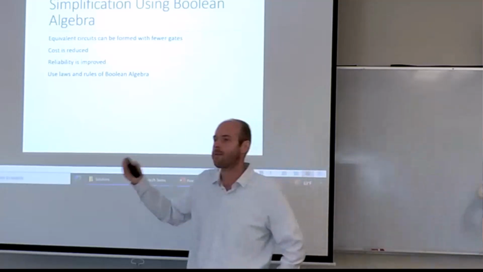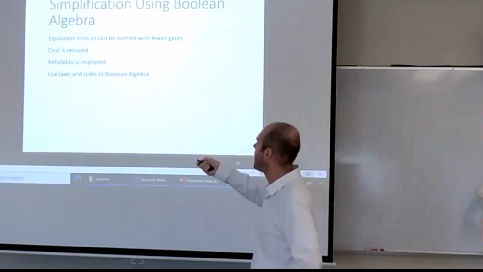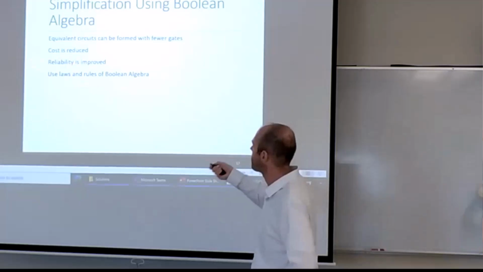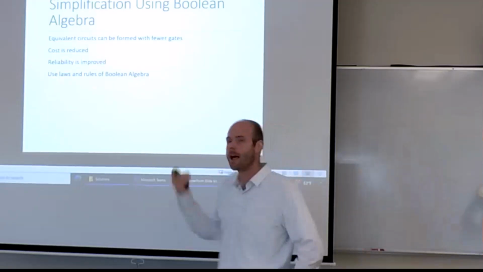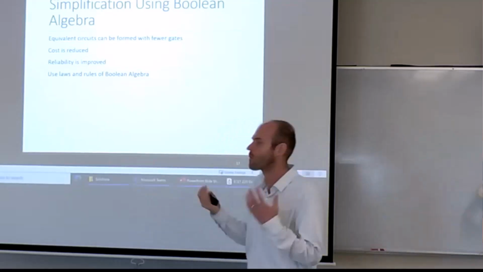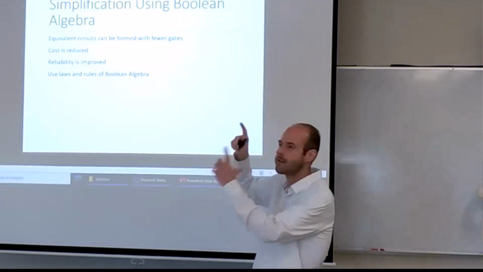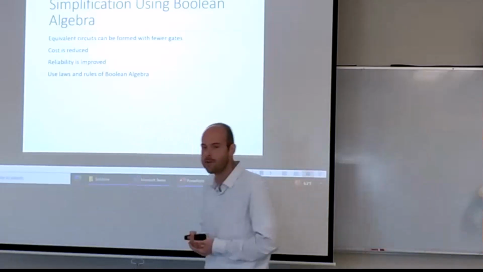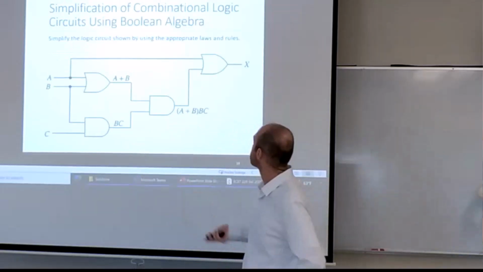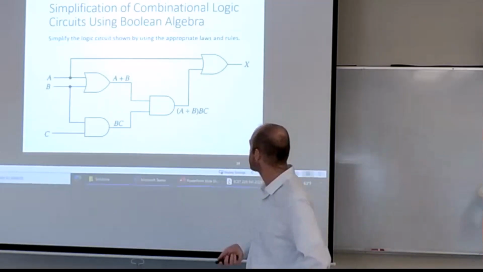Reliability improves, as components that can fail are removed. And then we have rules and laws of Boolean algebra, and by applying those, we're reducing our overall footprint as well. So we're using less of a piece of silicon where we're making our microchip for a certain number of gates. Okay, so simplification of circuits.